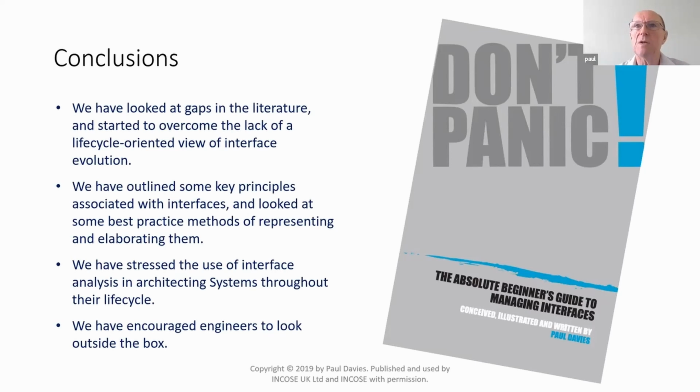I've looked at those 8 key principles and some best practice methods, and I've tried to get across the consideration of interfaces in architecting, which necessarily should force engineers to look outside the box and think about how to do better and not just focus on their internal design to the exclusion of the outside world. And with that, I'm going to open it out to questions. Thank you all very much for listening.